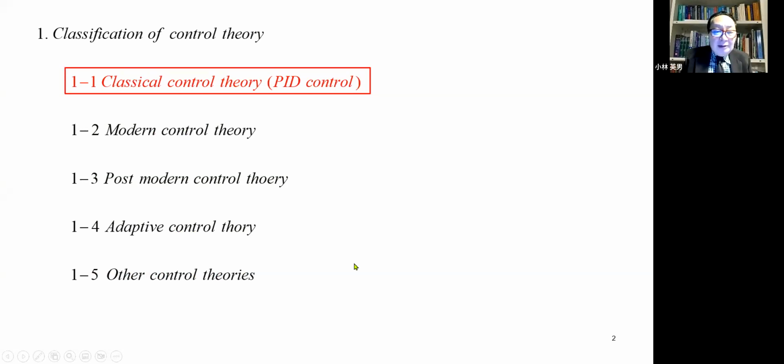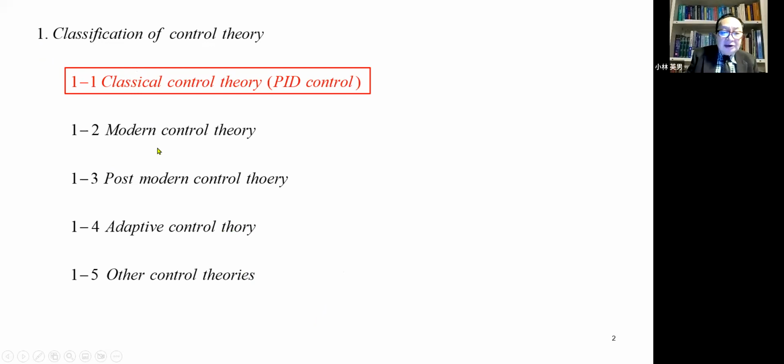So today I'm going to explain about control theory, classical control theory. In other words, this is PID control. Okay, from the beginning, I'm going to explain. Number 1, classification of control theory.